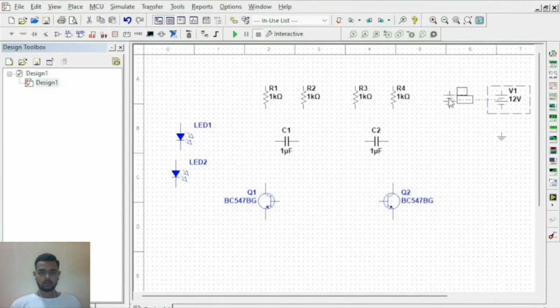Now connect all 4 resistors with the positive terminal of the power supply. Now we'll ground the negative terminal of the power supply. Now connect the emitter of both the transistors with the ground.